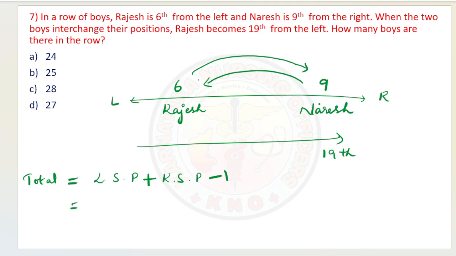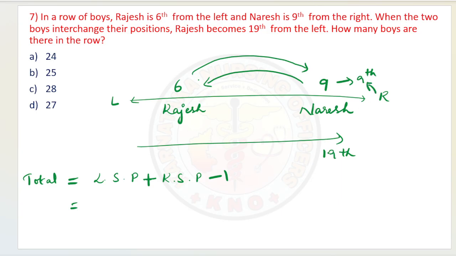See here, by the data, we may tell that after interchanging, Rajesh's position is 19th from the left. And anyhow, Rajesh and Naresh are interchanged, right? So from the right, Rajesh's position becomes 9th.